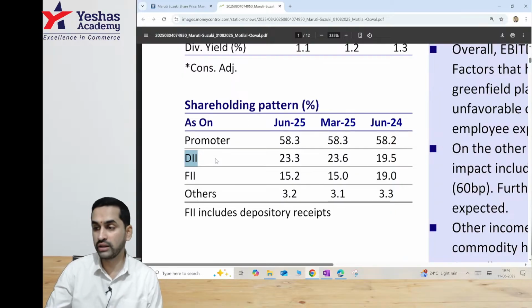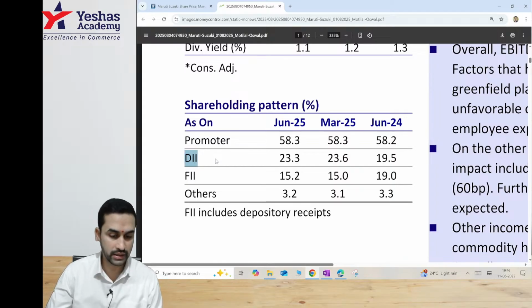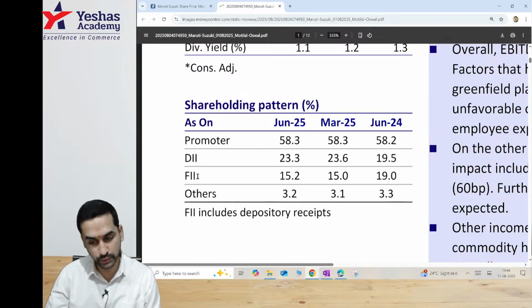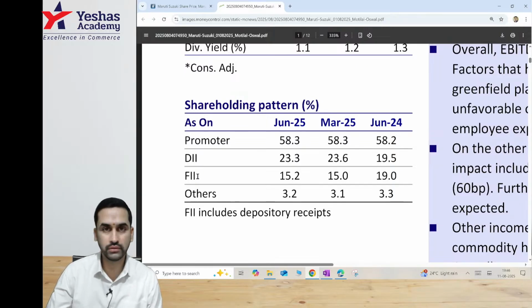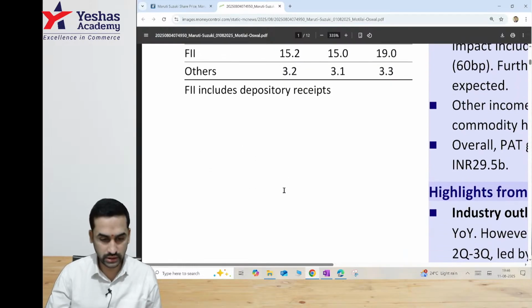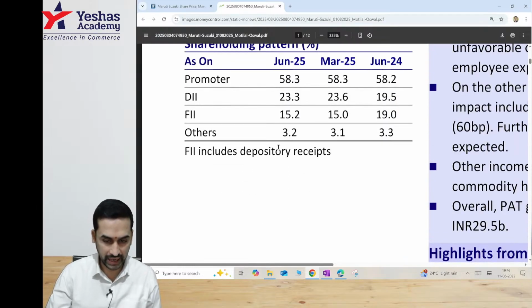This is all the Indian mutual funds, Indian insurance companies, Indian banks. FII is foreign institutional investors, foreign mutual funds, foreign insurance and all of that. Others, that is you and me, general public, 3.2%. So this is the shareholding pattern.